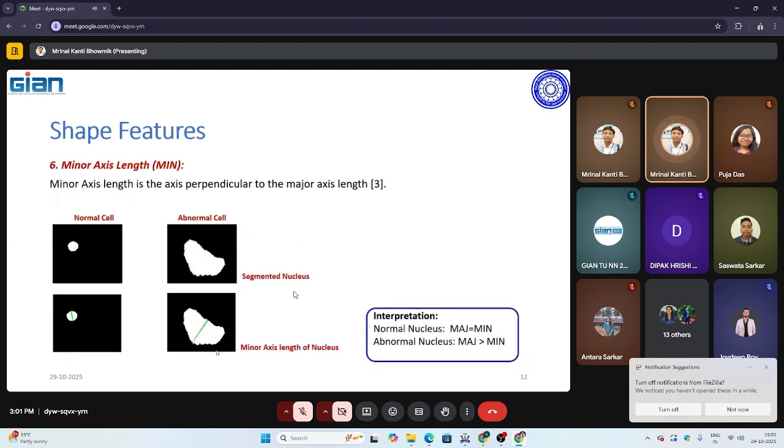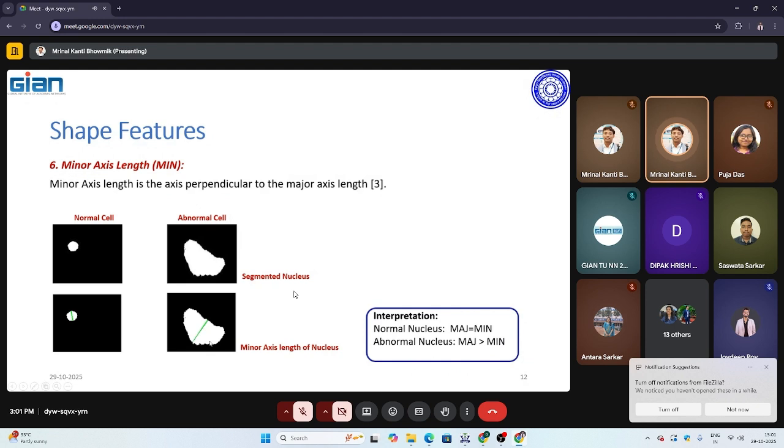Next is minor axis length. Minor axis length is the shortest line that can be drawn through the boundary of the nucleus. In normal cells, the major axis length and minor axis length are almost equal because of its circular appearance.